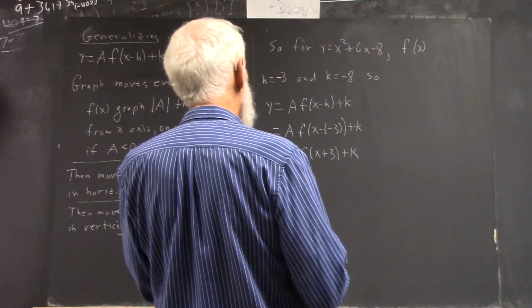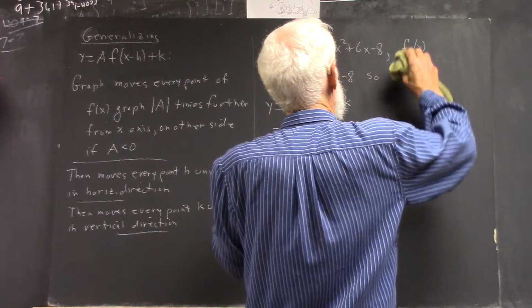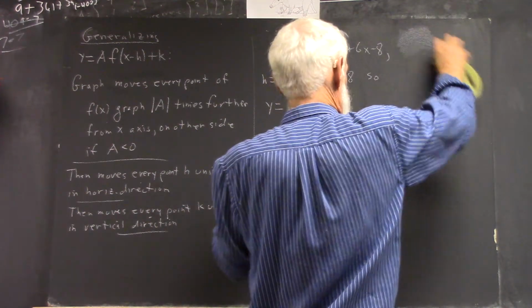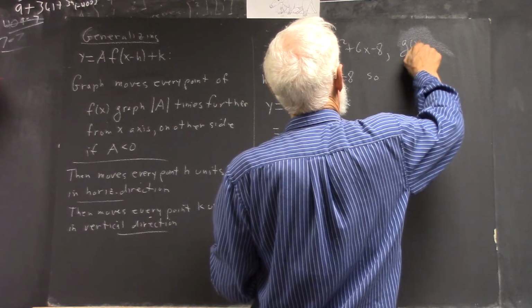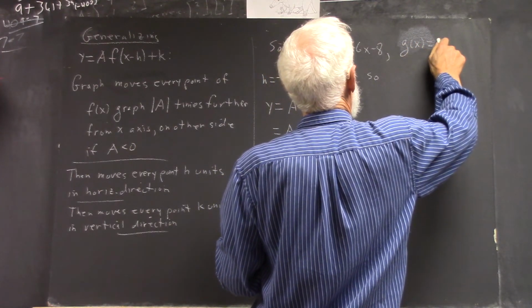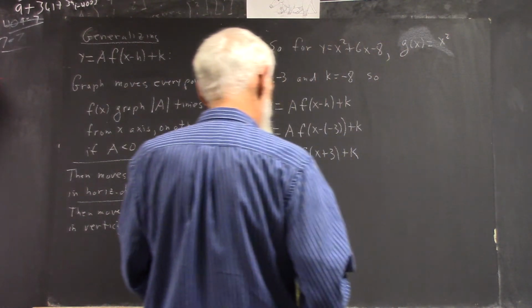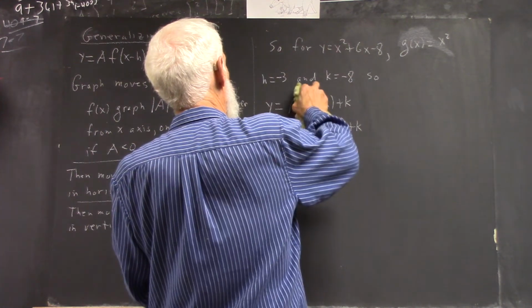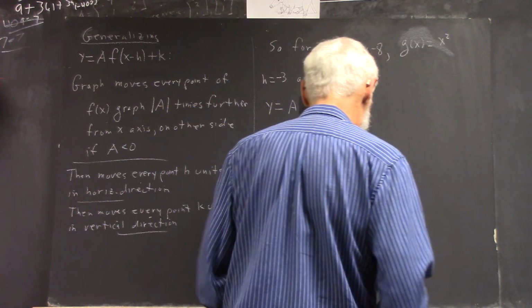I used f of x for this function, so I can't use it for the x squared function. So g of x is going to have to be, we're going to have to use g of x instead of f of x here.